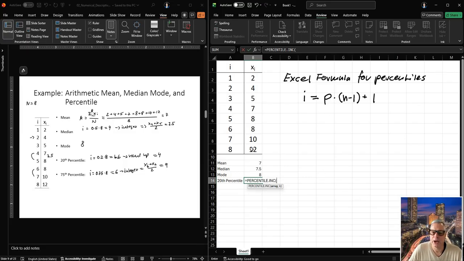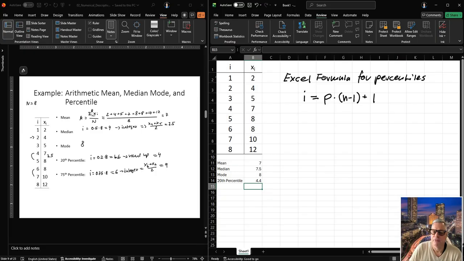Okay, so now we have to read in the array, and then comma, so what percentile do I want? I want 0.2. And now we get a value of 4.4 as opposed to 4. So what did Excel do differently?